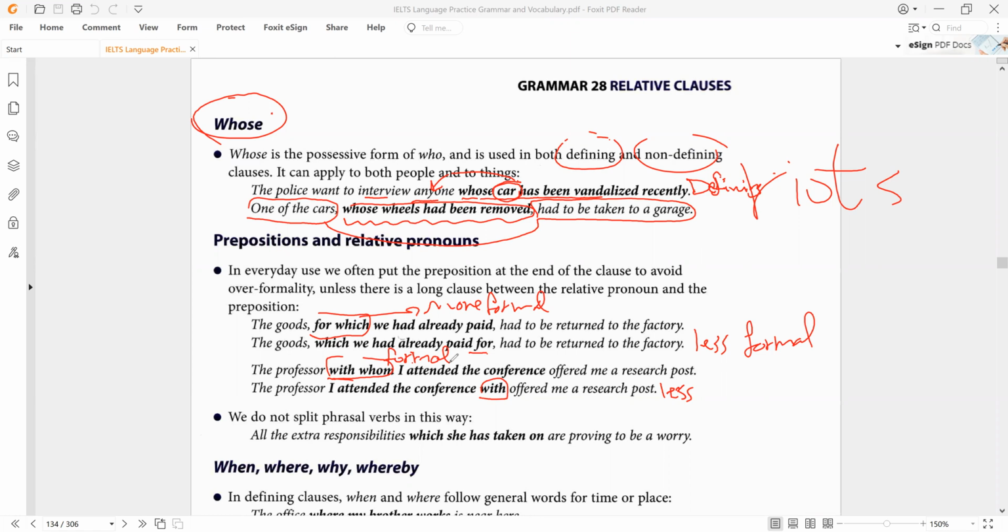Sometimes we have something called phrasal verbs, الأفعال الظرفية. So: all the extra responsibilities which she has taken on, take on, or for example look after, go through.